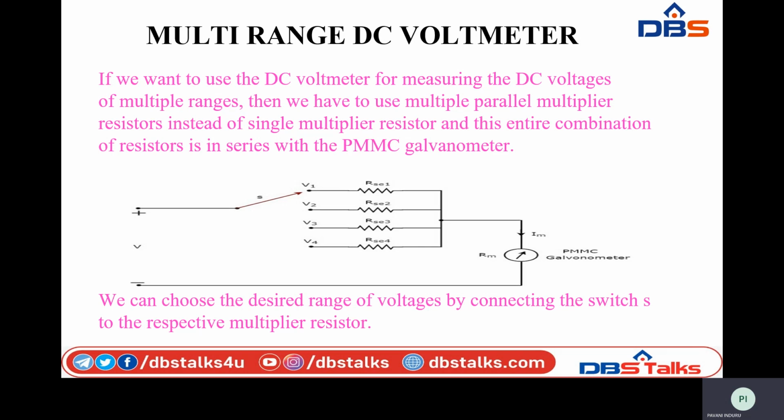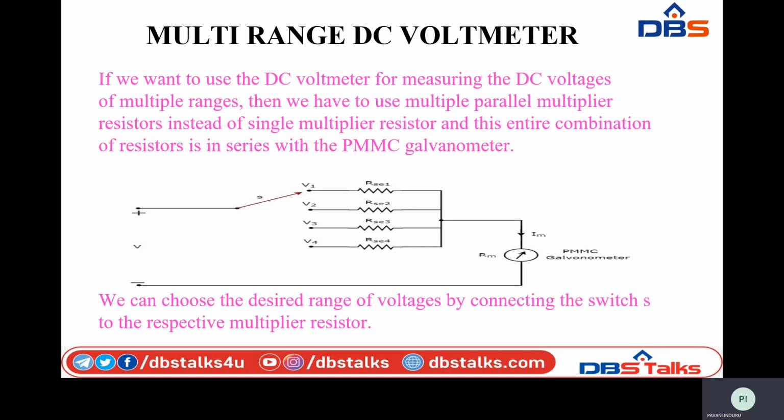Okay, so we have to connect many different resistors in parallel, and the entire combination is in series with the PMMC galvanometer. Similar to the multi-range DC ammeter, in the DC voltmeter also one switch is connected to select different voltages.